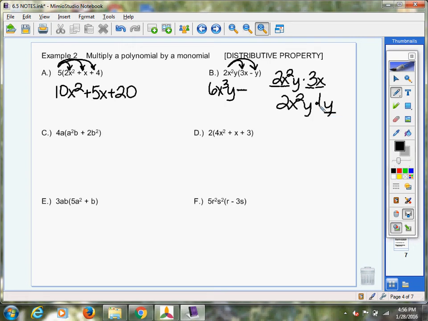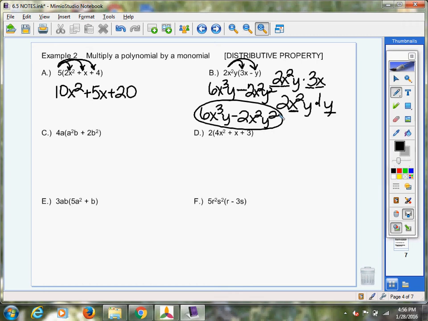So if you need something to multiply that to, then you would do 2 times 1, which is 2. X squared doesn't have anything to multiply to, so you're going to bring it over. And then y times y is y squared. So if I drop it down a little bit, you'll see, okay, 2x squared y squared. And there you go. So those are not like terms. I can't combine them. That's my answer right here.